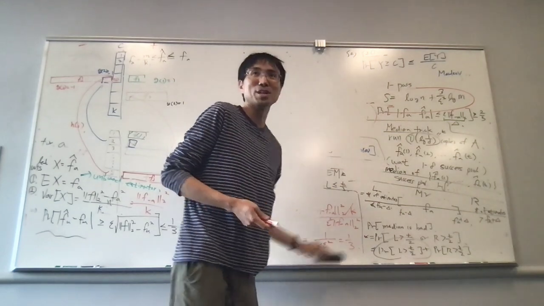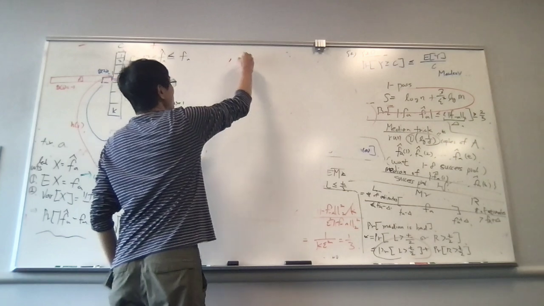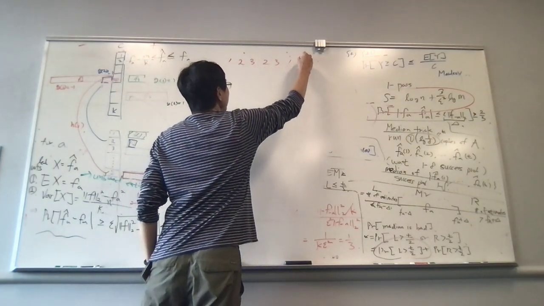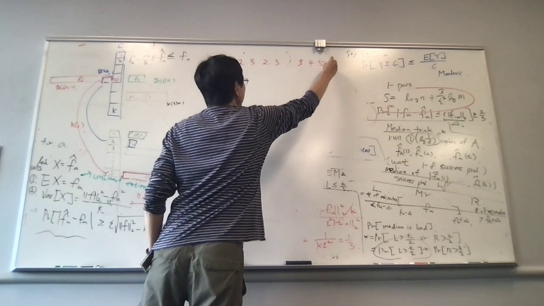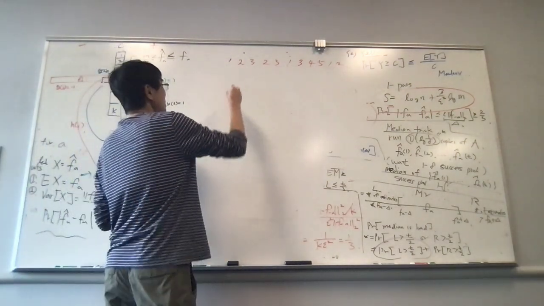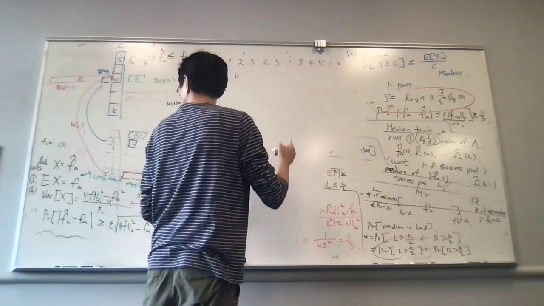I'll give two examples. Say the stream is 1, 2, 3, 2, 3, 1, 3, 4, 5. Suppose this is H1.